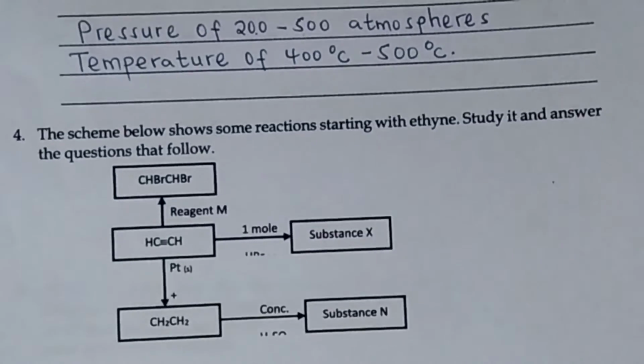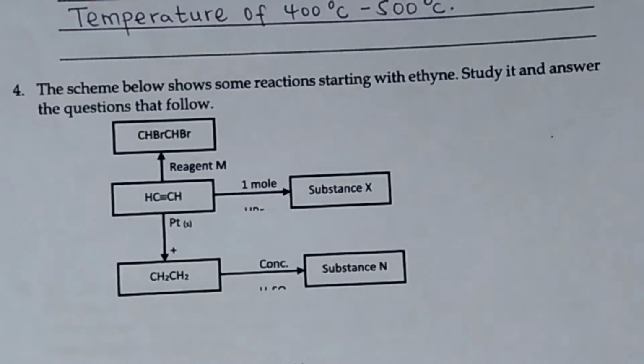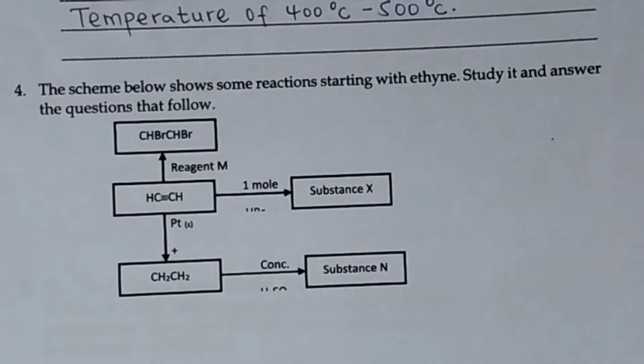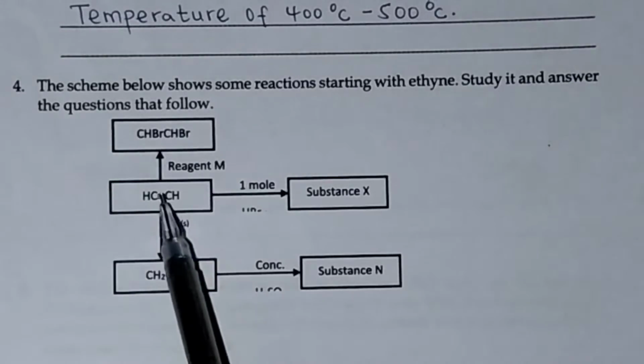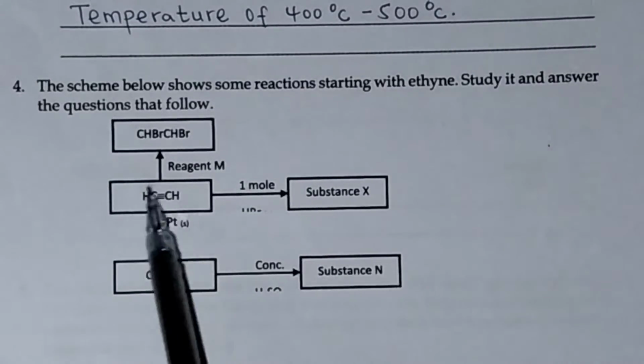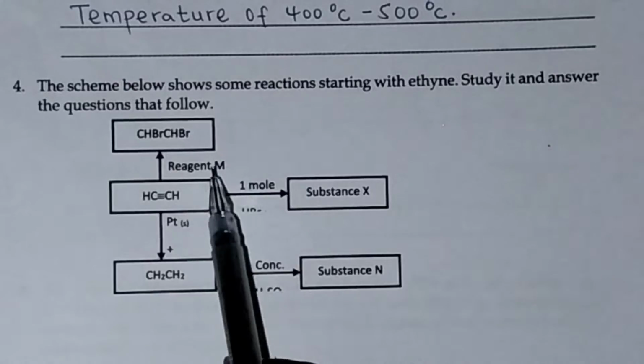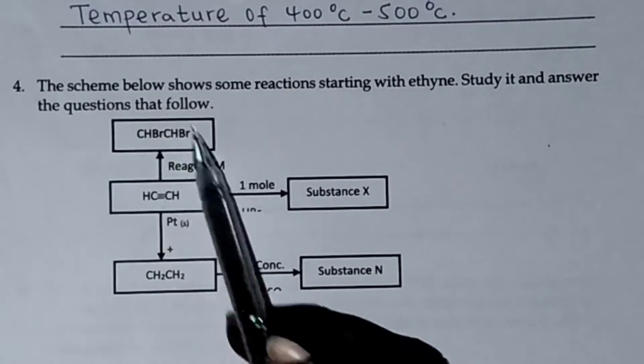That's question number 4. In question number 4, we have a flow chart. We are told the scheme below shows some reactions starting with ethyne gas. Study it and answer the questions that follow. So ethyne is here. When you add reagent M, we are going to get this compound.